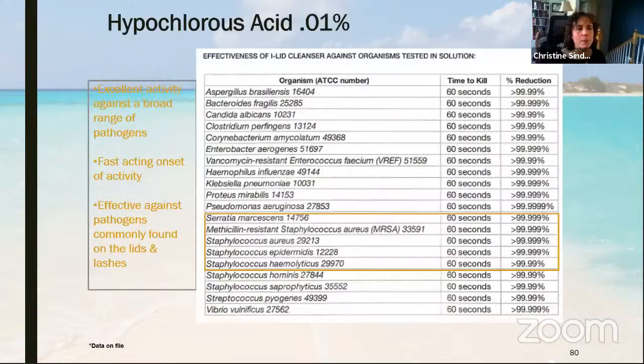So the other thing that you might want to consider for a lid cleansing agent would be hypochlorous acid. There are 2 different versions, 0.01% and 0.02%. What you need to know is that 0.01% is pure hypochlorous acid. Hypochlorous acid is what our white blood cells release into a wound, so it is naturally made by our body.